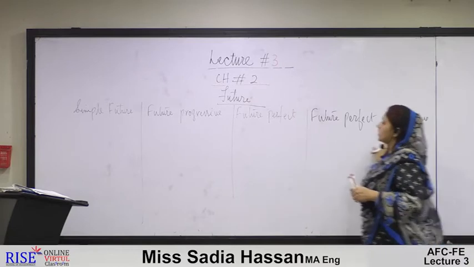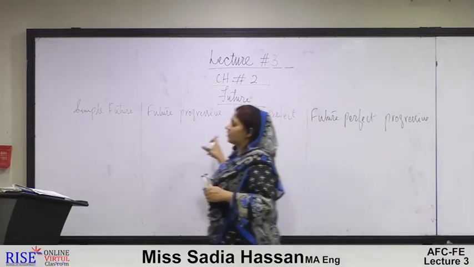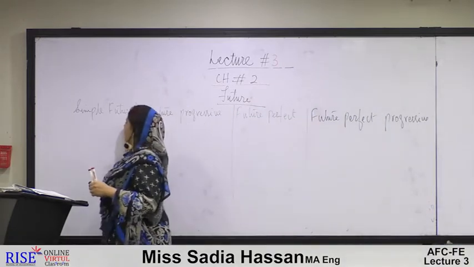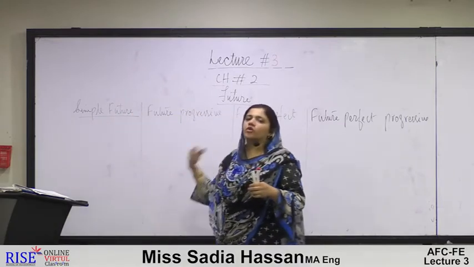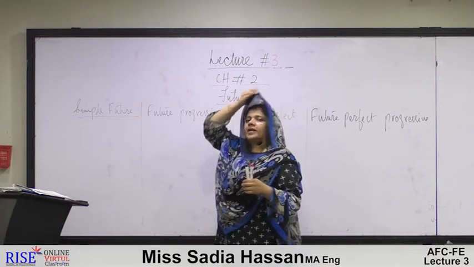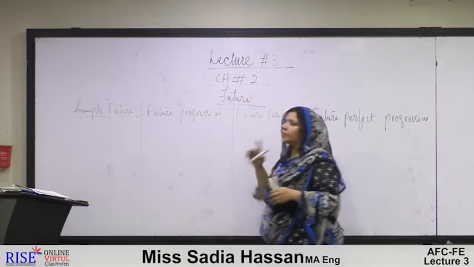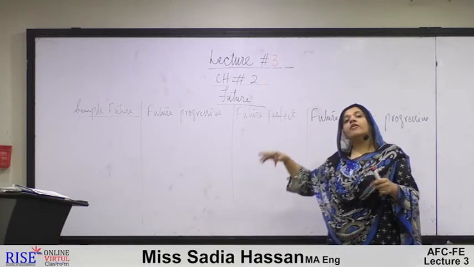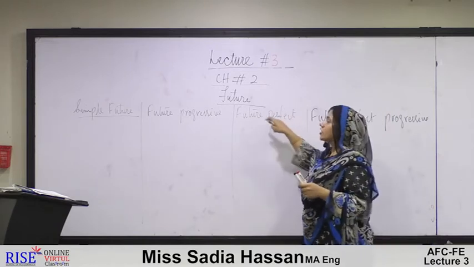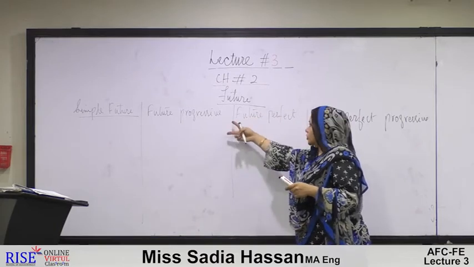First of all, we see what different time frames these types are actually representing. Simple future: a regular intention of doing something in my tomorrow's time. Future progressive: an action which will be going on for some time in my future time.